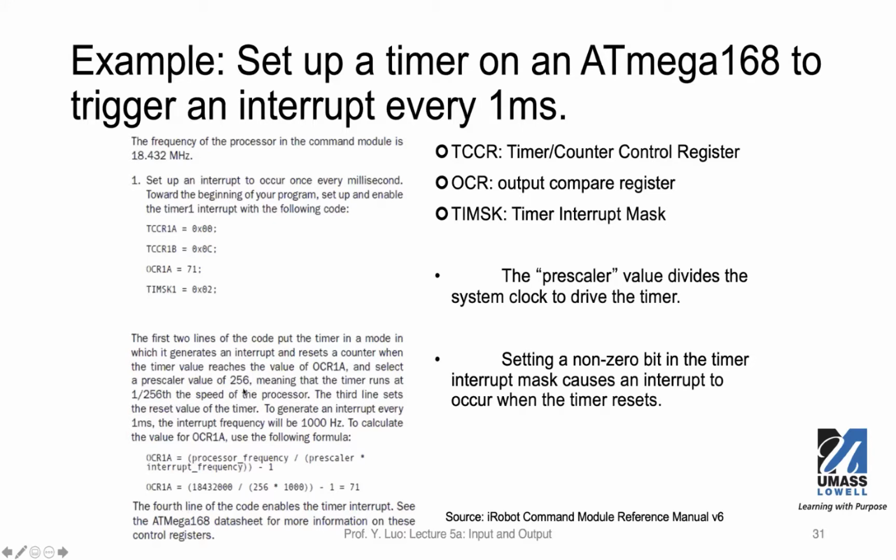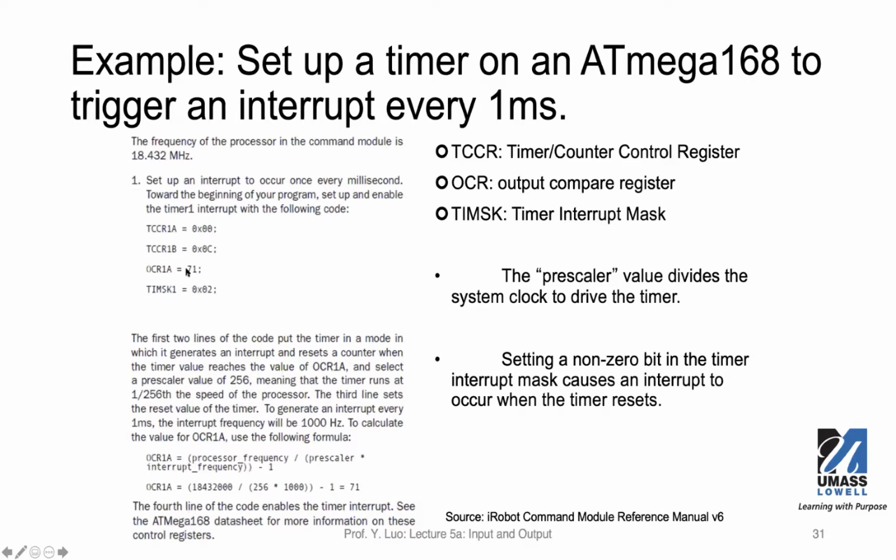This prescaler value means that the timer will run at 1/256th the speed of the processor. So the timer will generate ticks at 18.432 megahertz divided by 256. The result of this division will be the frequency of the time ticks of that timer.